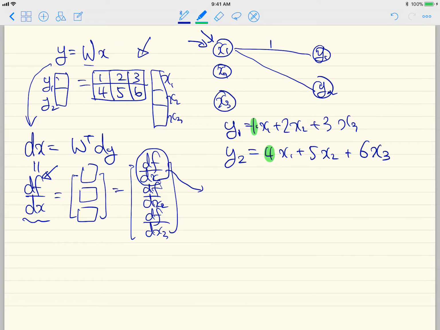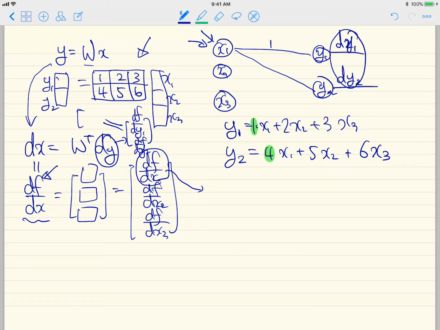Suppose we have a gradient over here, dy1 and dy2, which altogether corresponds to this vector: df over dy1 and df over dy2. That is simply represented as dy1, dy2.